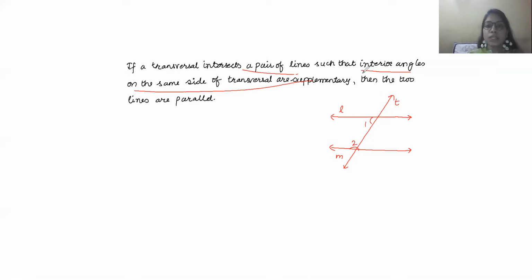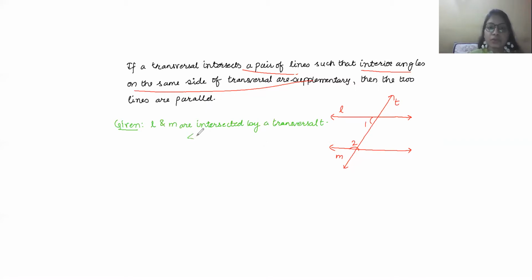So how can you say this? Let's try to prove it with the help of a result. First of all, we can write what is given to us. It is given that L and M are intersected by a transversal T. Also, it is given that a pair of interior angles on the same side of the transversal are supplementary.